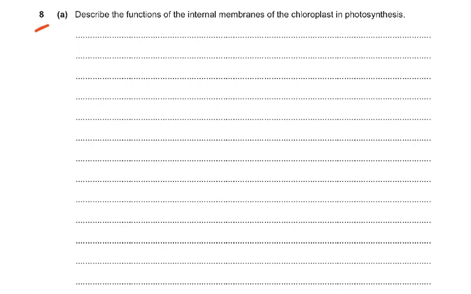So you could have said about the location of the light absorbing pigments, then photoactivation leading to emission of the electrons. Then you could have talked of the cyclic and the non-cyclic photophosphorylation, or the light dependent stage.